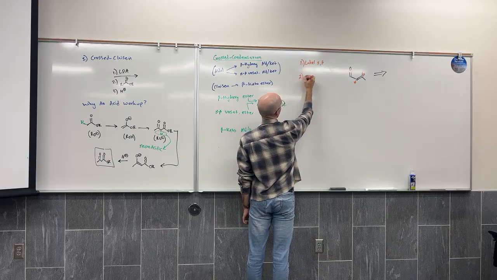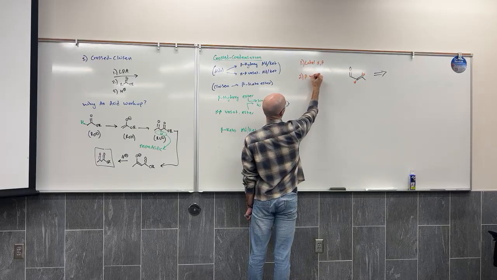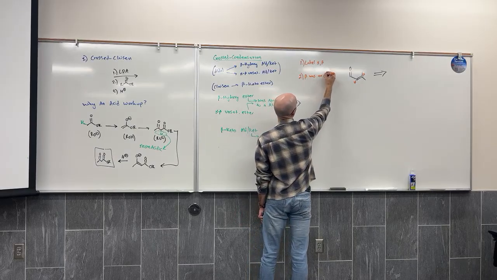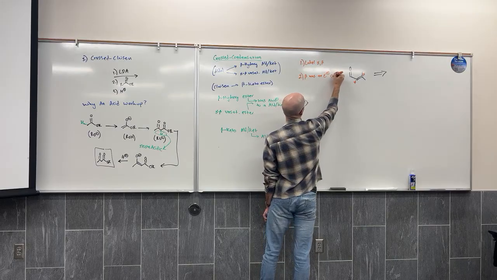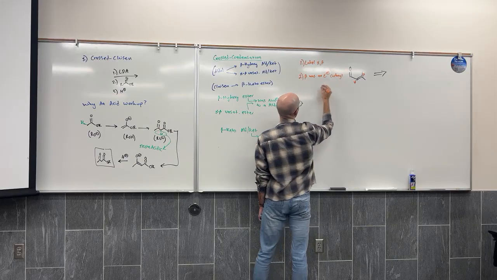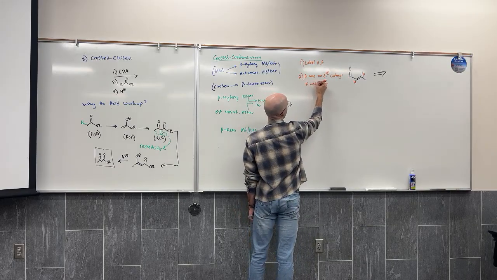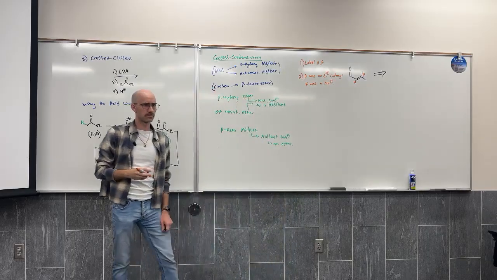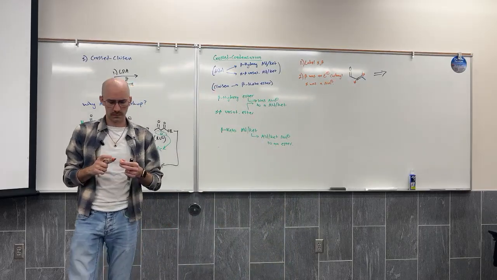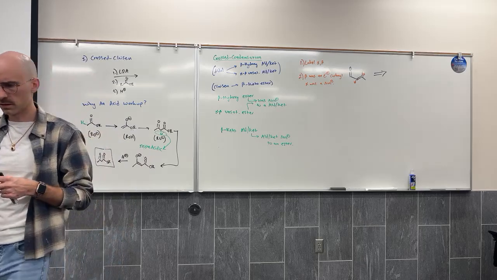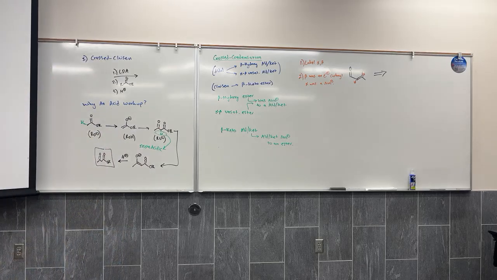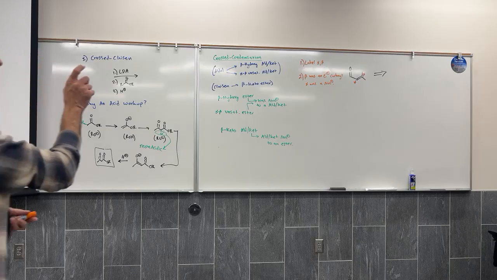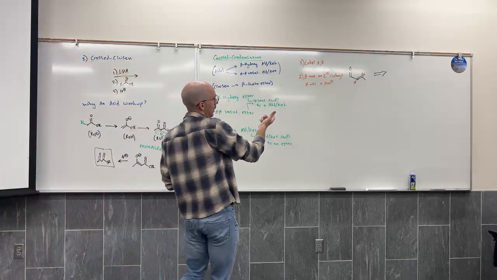Step 2, beta was an electrophilic carbonyl. Alpha was a nucleophile. That's actually not even a step.